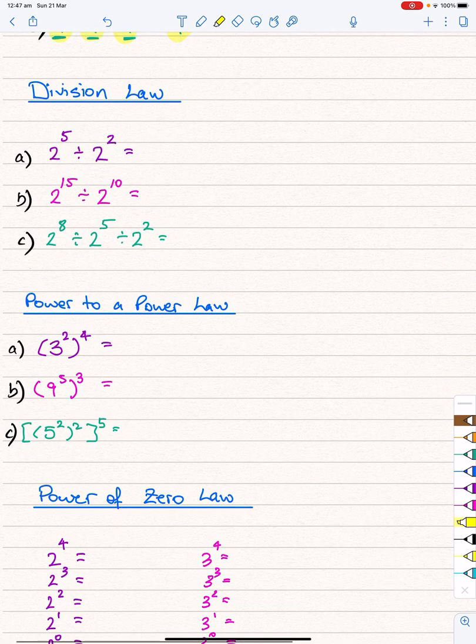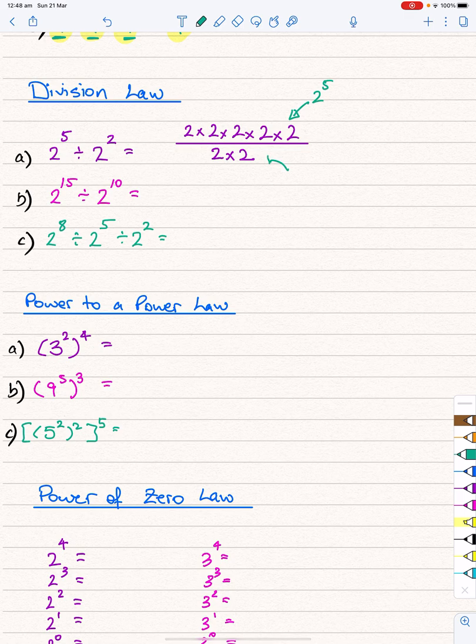Now, the division law is similar, but in reverse. What I mean by that is we can write 2 to the power of 5 as 2 times 2 times 2 times 2 times 2 divided by 2 squared, which is 2 times 2. Now, the top number is 2 to the power of 5.